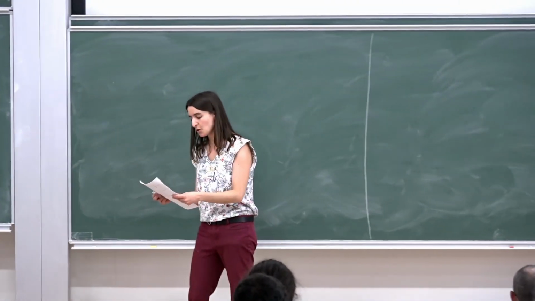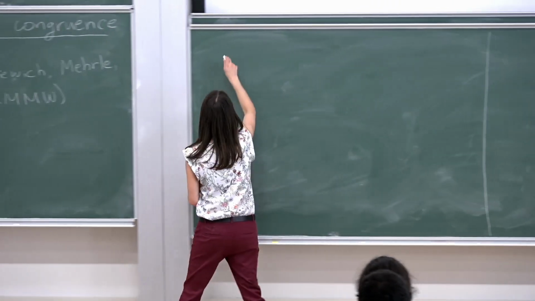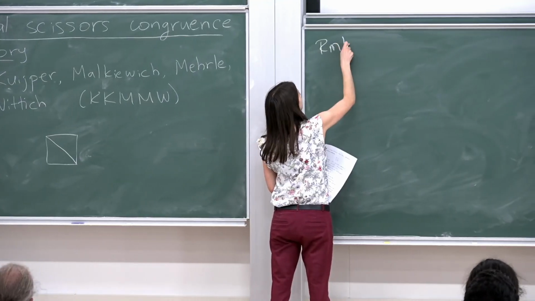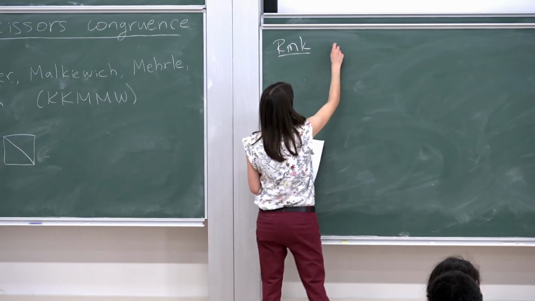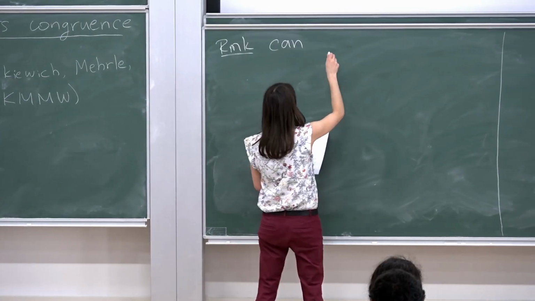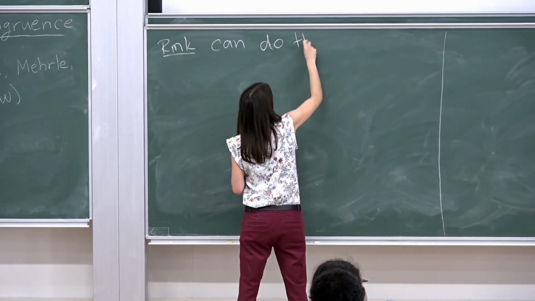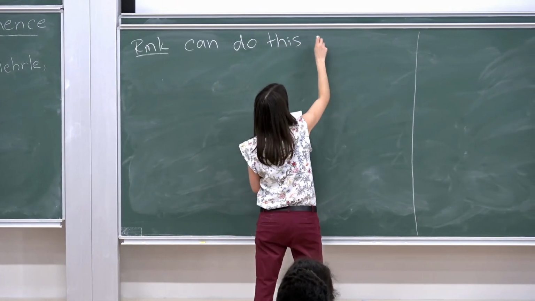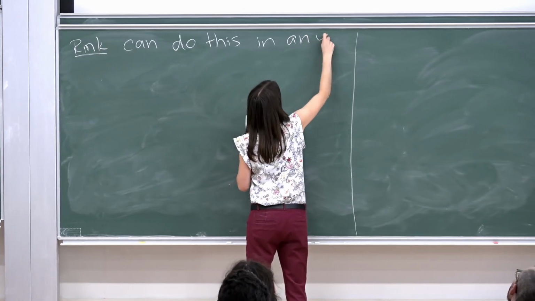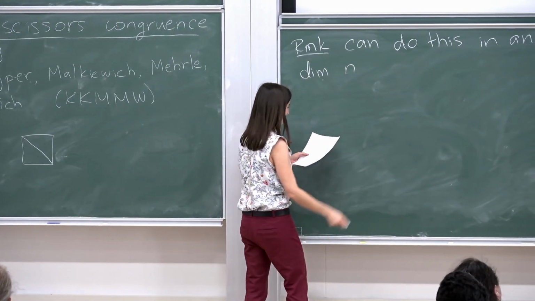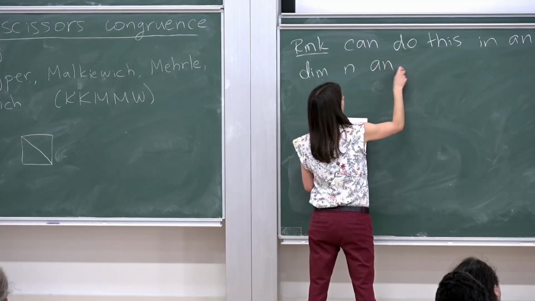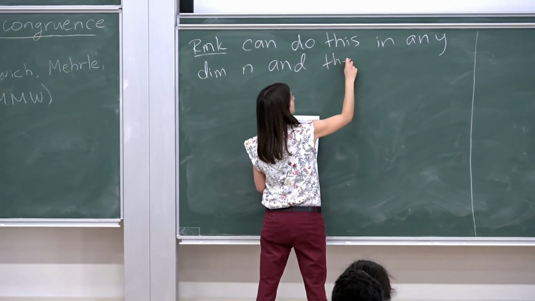All right, here's a remark about the various contexts in which we can do this. You can talk about scissors congruence in any dimension, let's call it n, and also in different geometries.